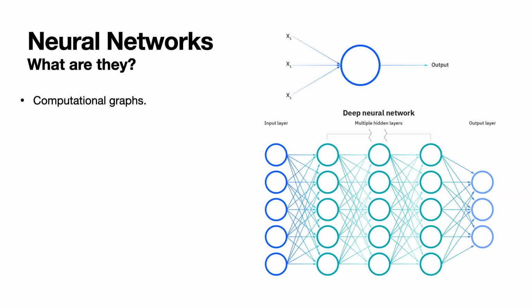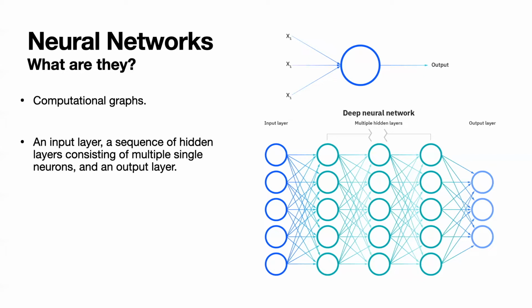These are specific instances of something called a computational graph. These computational graphs have been studied for a very long time, and you should just know that that's what they are, okay? So as I just mentioned, you have an input layer, a sequence of hidden layers consisting of multiple single neurons, and then an output layer, okay?